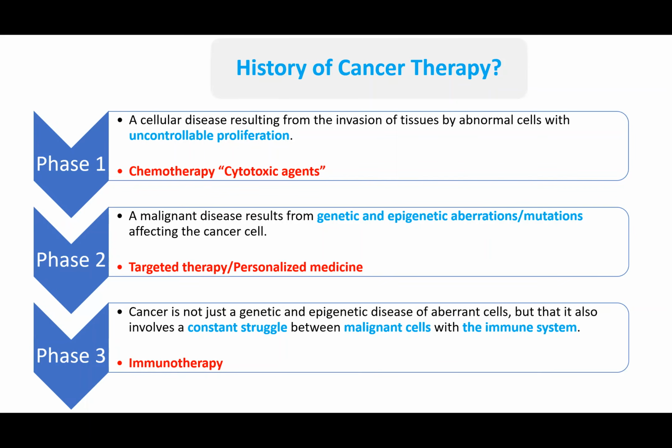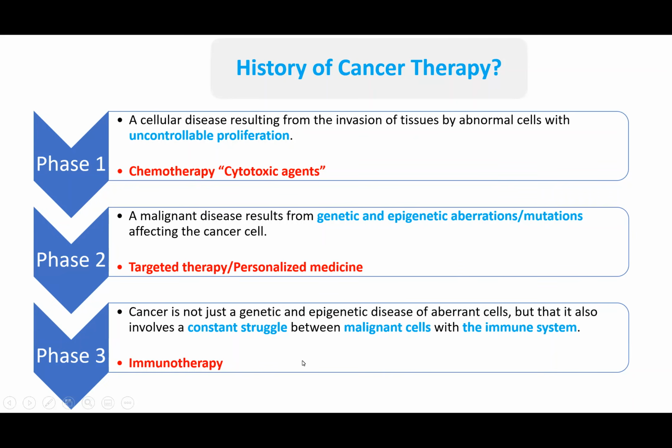Here we focus only on cells that express those mutations, and we use drugs to correct these mutations. Of course, cells that have these mutations will be more affected by the targeted therapy. That's why we call it targeted therapy. So targeted therapy targets only cells that express some genetic or epigenetic mutations leading to the formation of cancer.